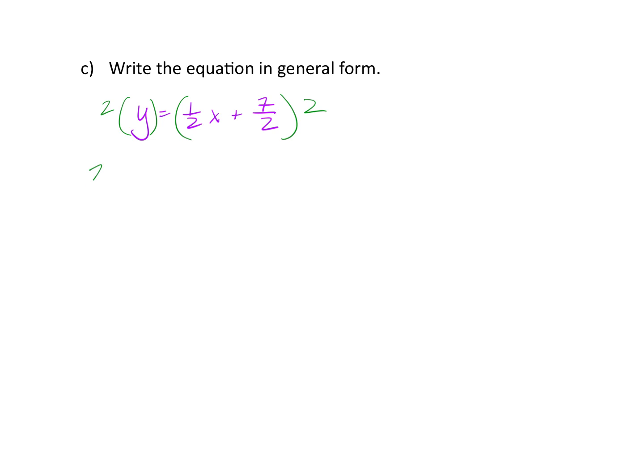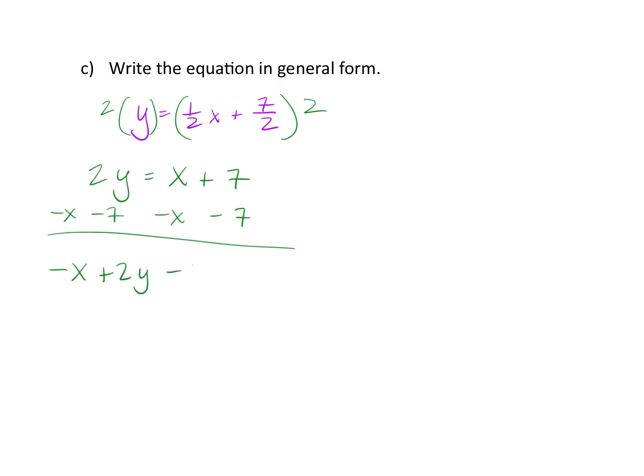Now I have 2y equals x plus 7. And then I need all of my terms on the left-hand side because I want the right-hand side to be 0. So I'm going to subtract x and subtract 7 from both sides. So I have negative x plus 2y minus 7 equals 0.